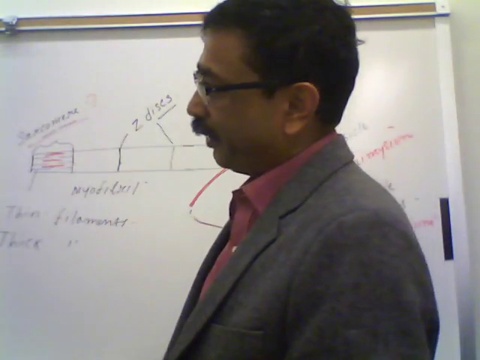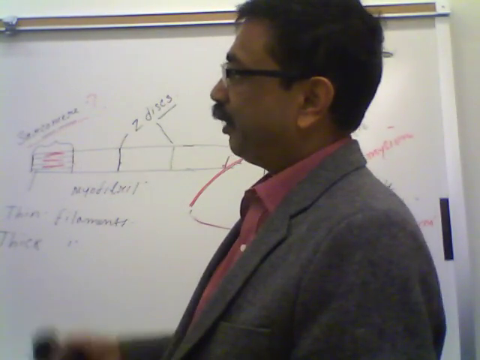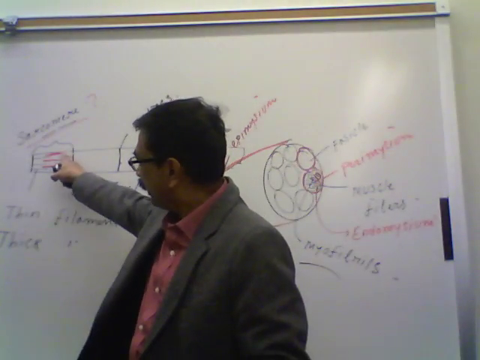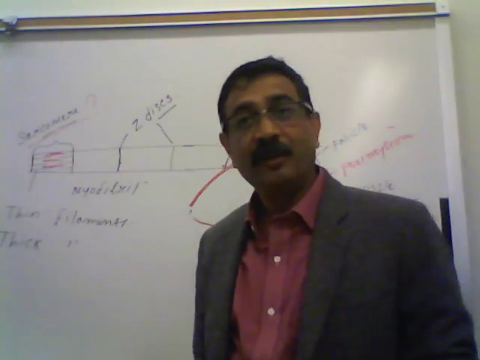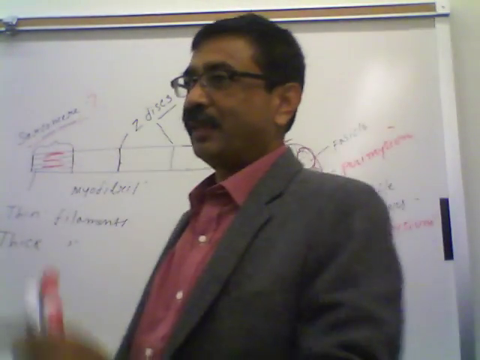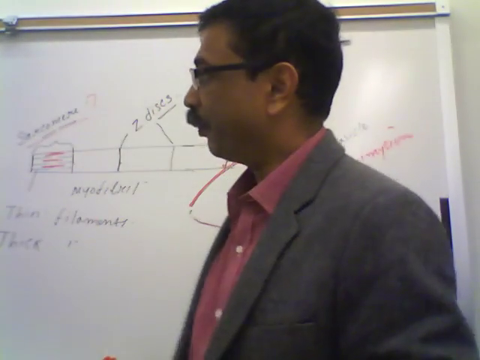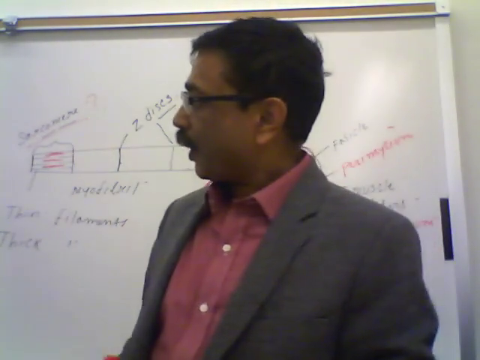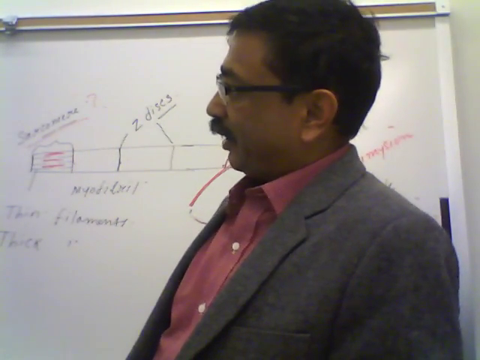Here by red lines they have shown the thick filaments, and by blue lines they have shown the thin filaments. We have thick and thin filaments inside the sarcomere, and those filaments help in the contraction of the sarcomere. Now the picture in the bottom, you see the thick and thin filaments.